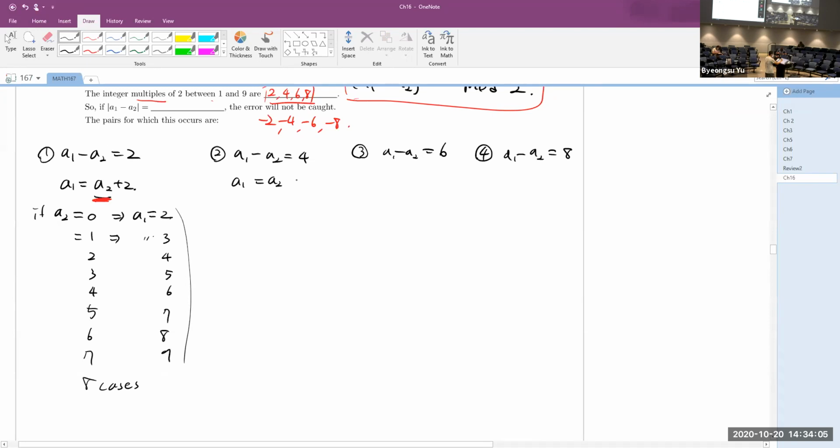And in the next case, A1 is equal to A2 plus 4.